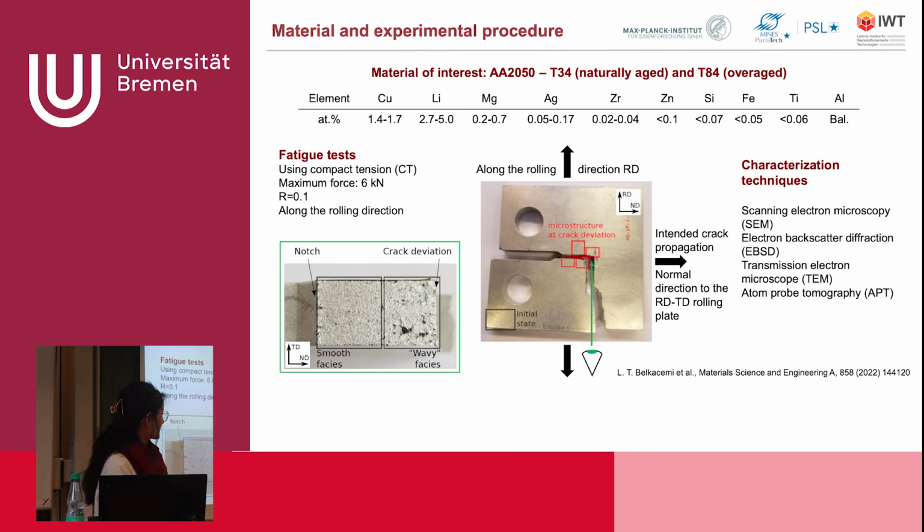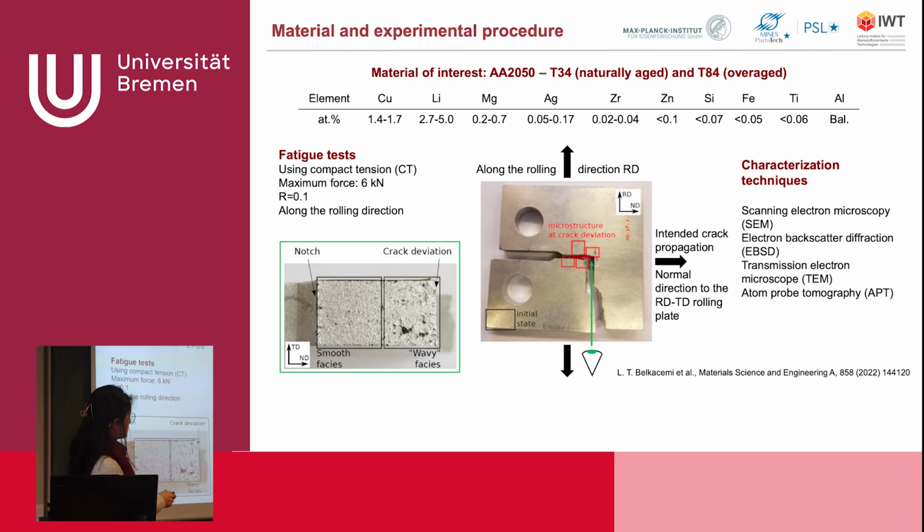In the overaged case, so this one, the T84, it would be, let's say, a thermal treatment up to the point where the mechanical properties, after reaching the peak of the performance, will start to drop.